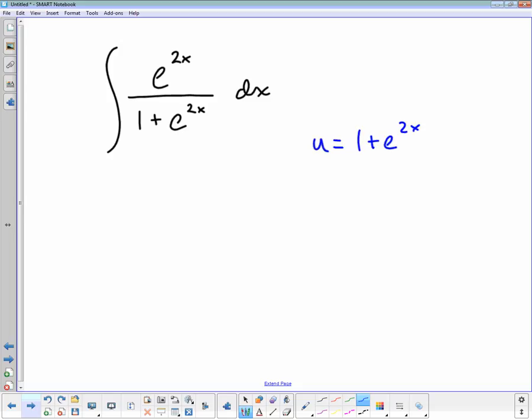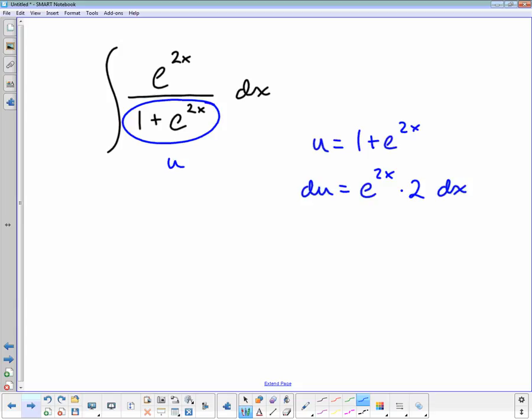So now du would be e to the 2x times the derivative of 2x, which is just 2. Okay? Now, if we look at this, this is my u.